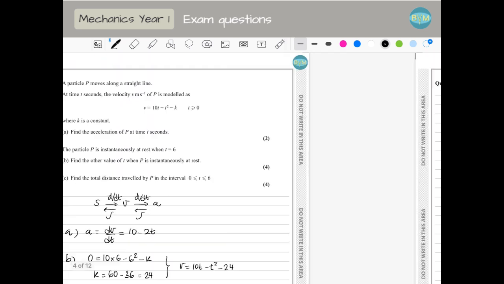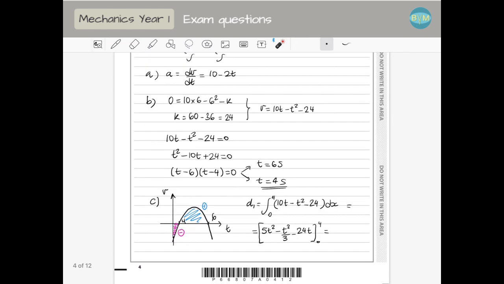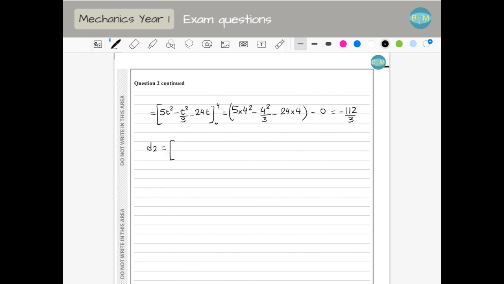Then the second integral, which is going to give me the second distance, is going to be the same, but between 4 and 6. So I'm not going to integrate again. I'm going to use this function between 4 and 6. So 5t squared minus t cubed divided by 3 minus 24t between 4 and 6, which is 5 times 6 squared minus 6 cubed divided by 3 minus 24 times 6, minus brackets 5 times 4 squared minus 4 cubed divided by 3 minus 24 times 4.